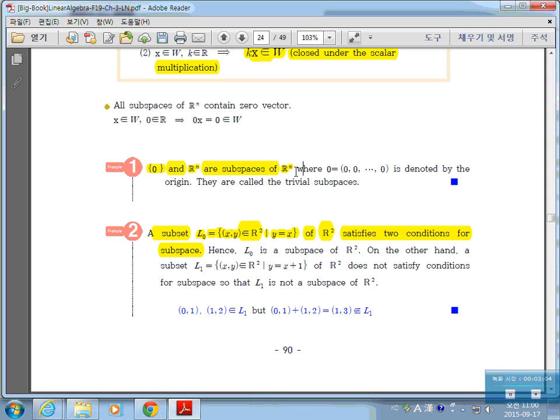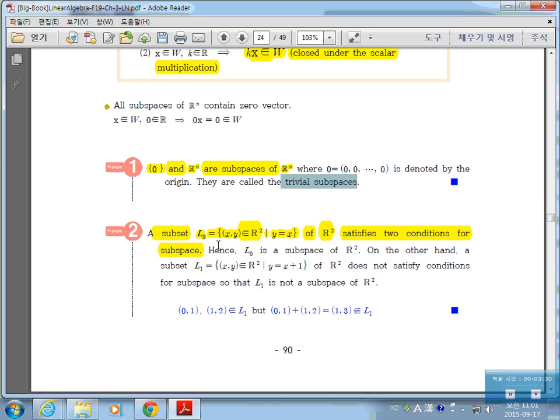And if you multiply a scalar on a vector in Rn, then the product is in Rn. So it's closed under scalar multiplication. So it satisfies the two conditions for a subspace. These two are always subspaces for a given Rn. We call them trivial subspaces.